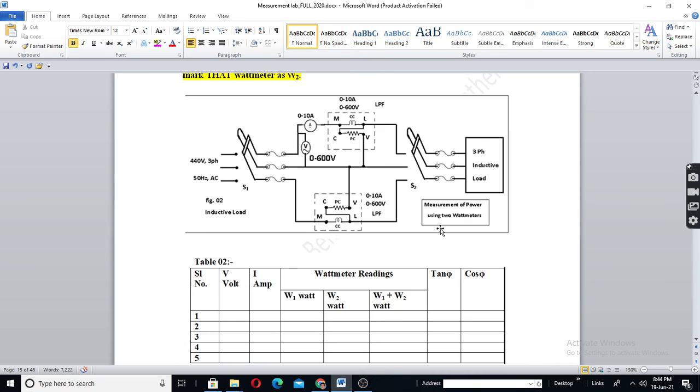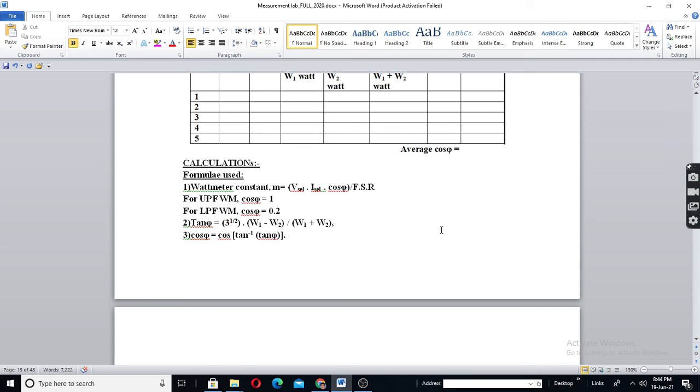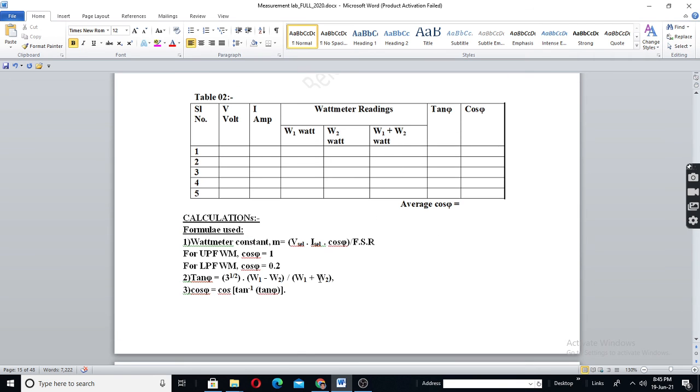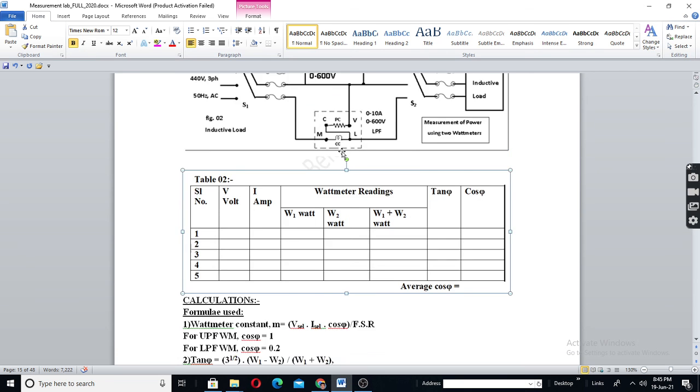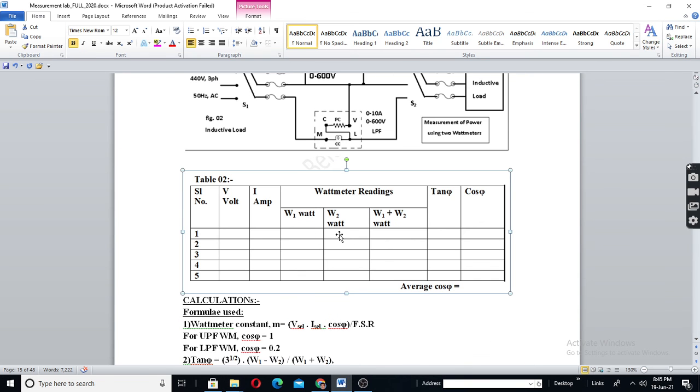Then take that wattmeter reading as negative. And while substituting in the formula, W2 value you should write as negative. If this gives 100 and this gives 80, you will write here minus 80. So 100 plus minus 80 will give you plus 20.